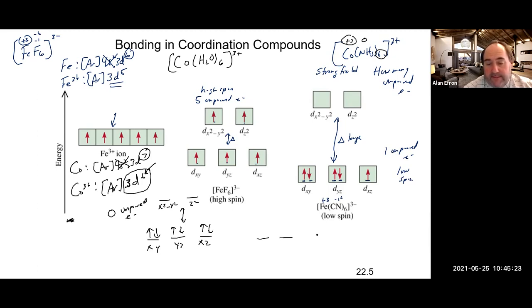We would end up with the same 6 electrons. But if it was weak field, it would go in like this and then go this way because it was weak here between these two. And we put 1 more here. We actually would end up with 4 unpaired electrons in this case. And definitely be more of a high spin versus a low spin guy. This would be high spin. Any question on sort of how to distribute those guys?